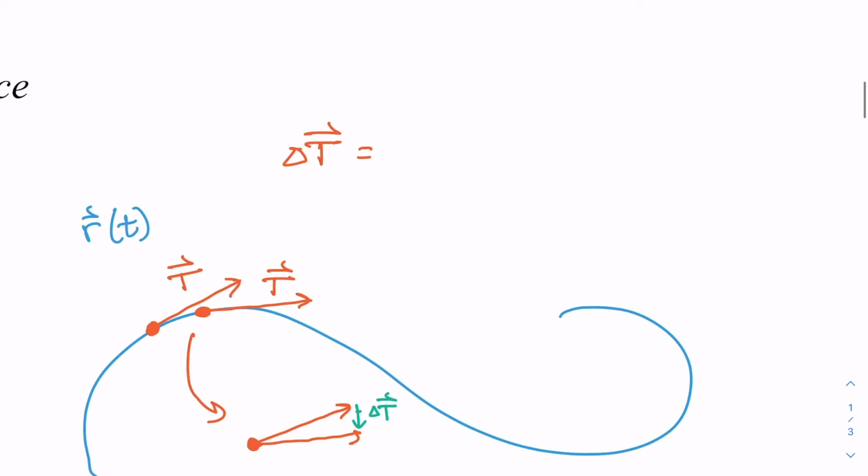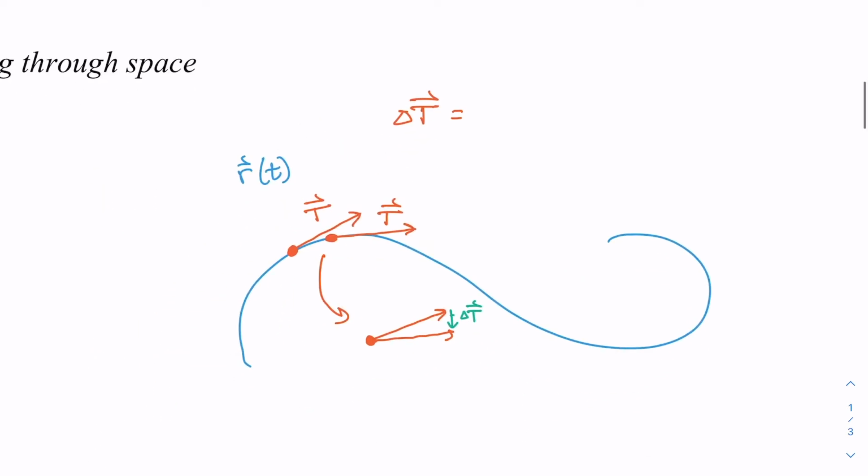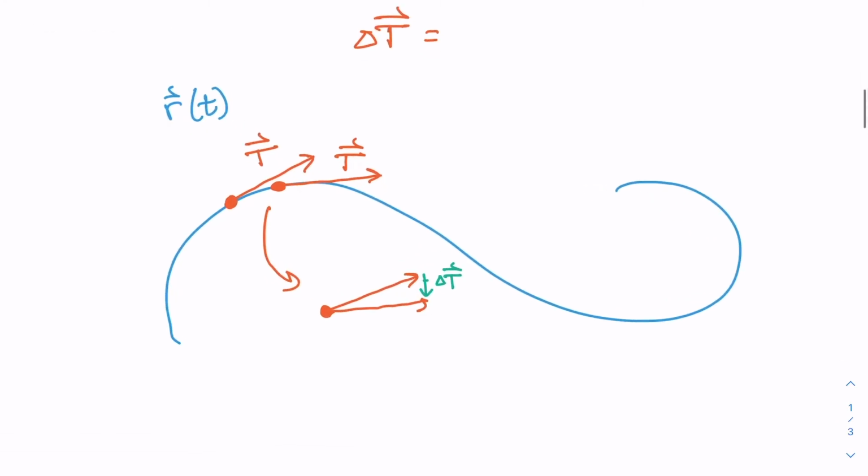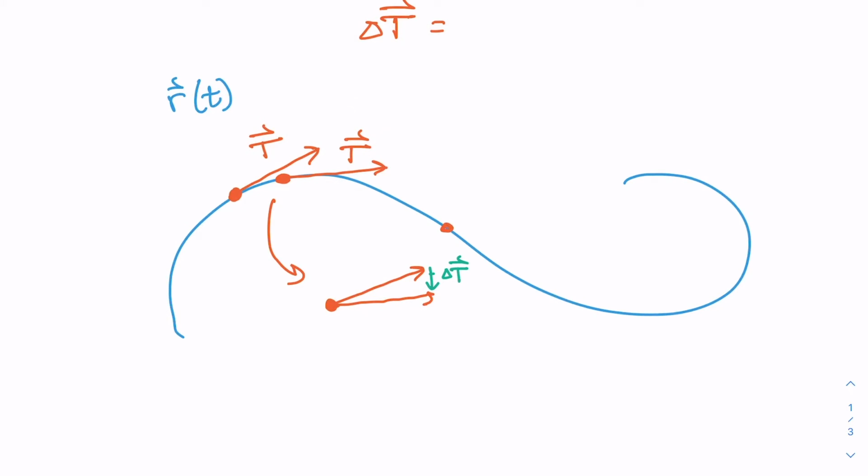The more extreme the change is, the larger this value dT will get. At a point of less extreme curvature, maybe right here where the curve is not changing that much, this unit tangent vector and this unit tangent vector are almost going to be identical. The change between them is very small.